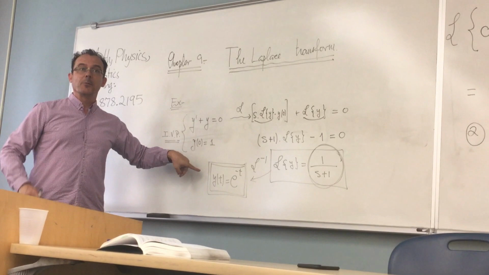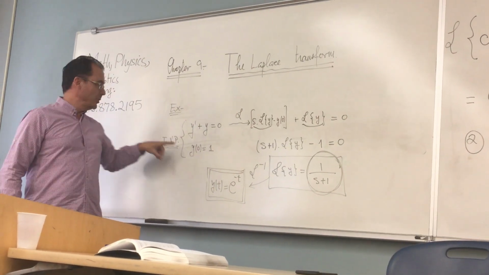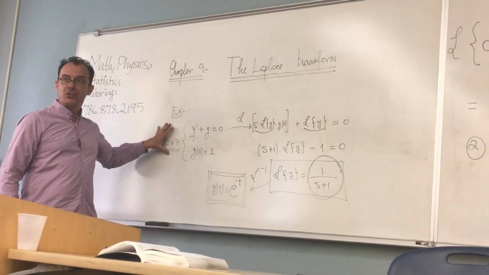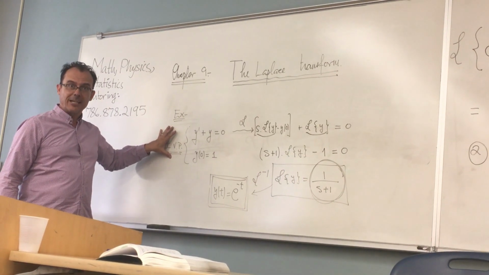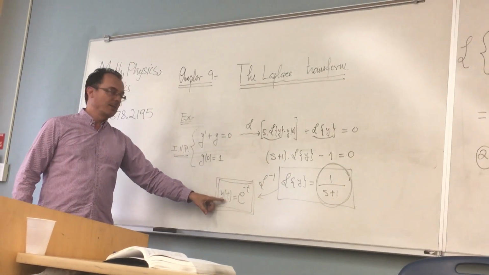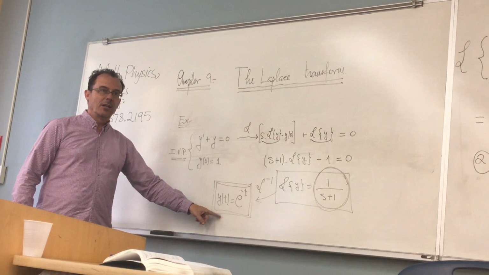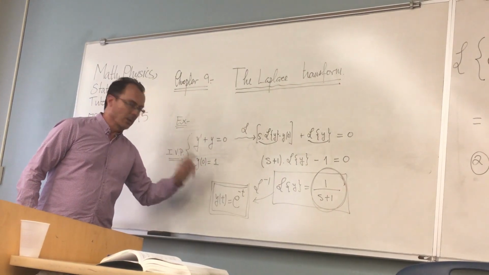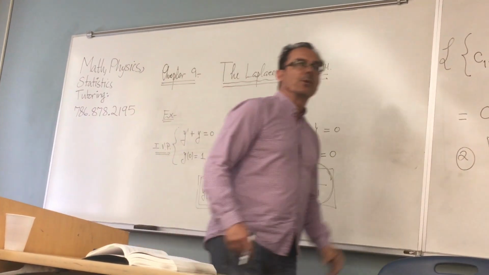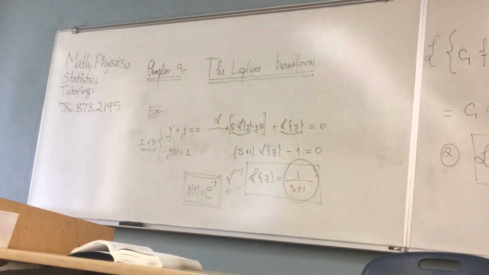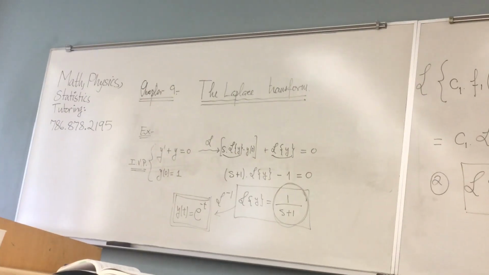That's the end of the problem, because this is the unique solution to the initial value problem, as you can check yourself. The derivative of this plus this is 0, and when you evaluate this at 0, you get 1. That's the unique solution, because we know there is a unique solution from the theory that we learned in chapter 1.